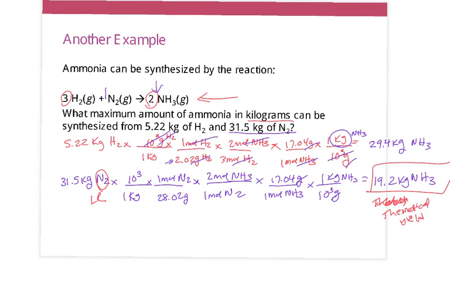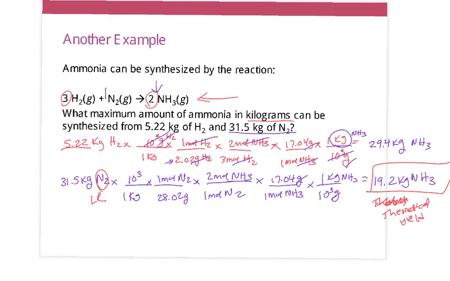A lot of students think that if they see the lesser amount here, 5.22 kilograms of hydrogen gas, then that's going to give you the least amount of product, but not necessarily so, because you get 2 moles of ammonia for every 3 moles of hydrogen gas.